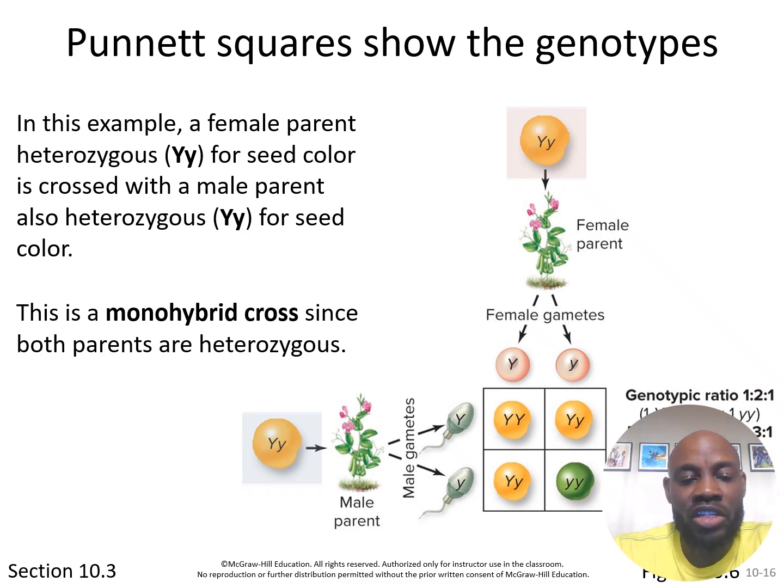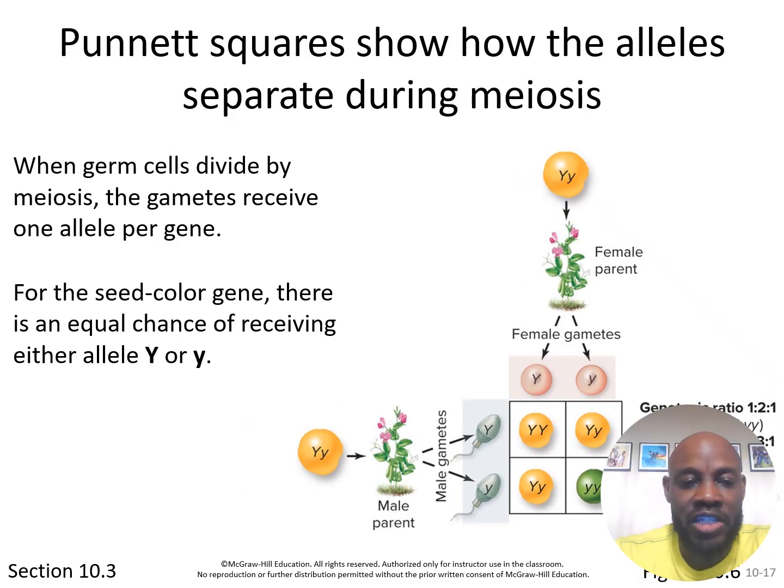And this is called a monohybrid cross, a one trait cross, since both parents are heterozygous.